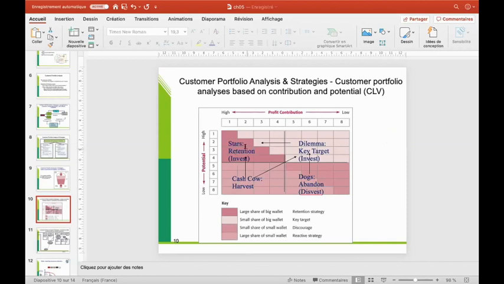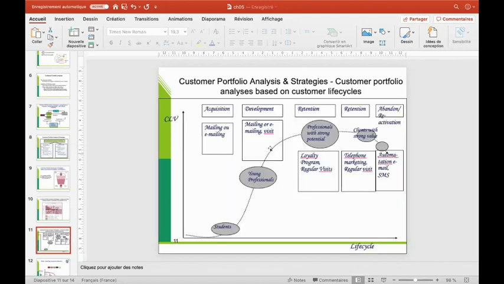So the bank will invest money into you or allocate resources into you in order to make you buy even more. And as your life cycles change, so you get married, you will get children, so you will buy a house or a bigger apartment. So again, you need the help of the bank in terms of loans, credits, and so on. So you become interesting. So it is important to retain you now.